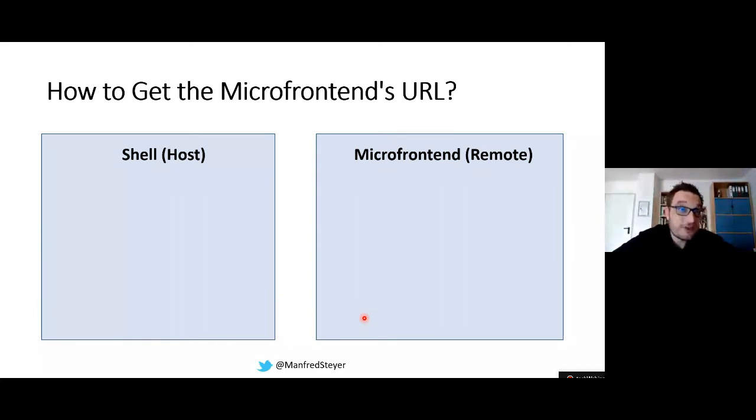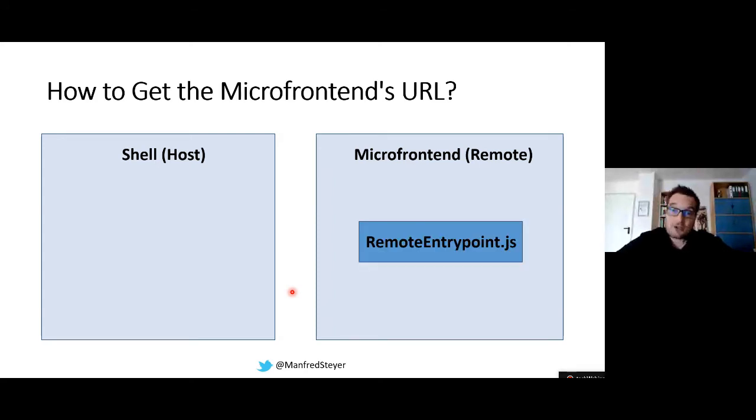Of course, we need to tell the shell about the URL of the microfrontend. And for this, we have several possibilities. As mentioned before, you can hard code it in the configuration of the shell, but you can also define it on application start. On application start, we can namely load a so-called remote entry point from the microfrontend into the shell. For instance, by going with a script tag.